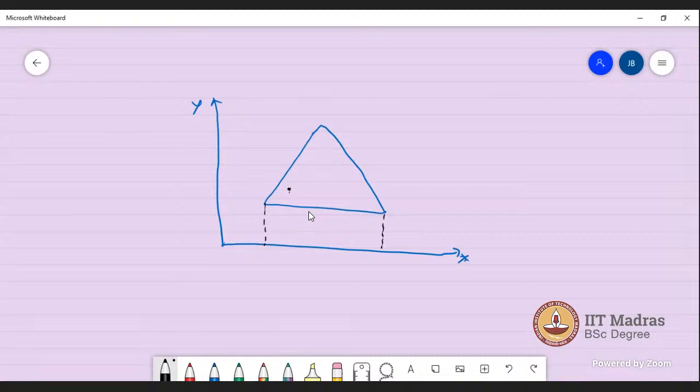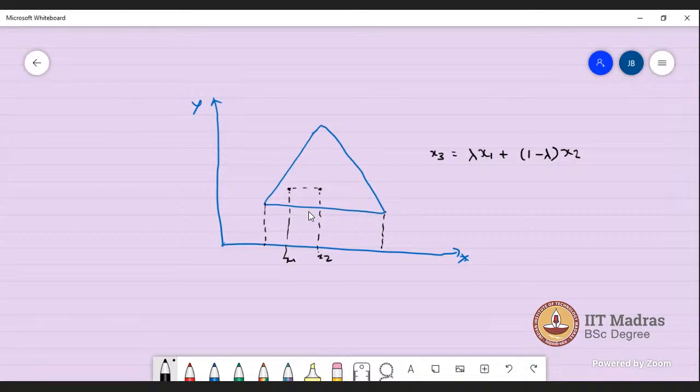Let's assume here is your x1 point, and this triangle is your convex set S. Here is your x2. What the definition says is that if we take any two points, say x1 and x2, then it should satisfy this equation: x3 should also lie in this set only. That is what our definition says.